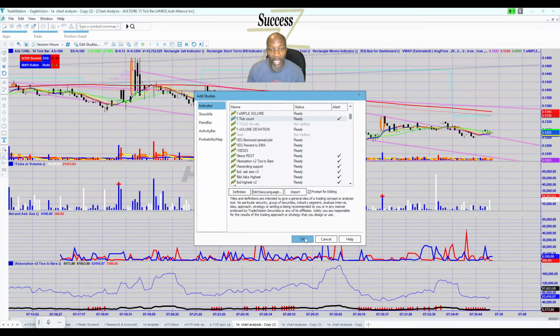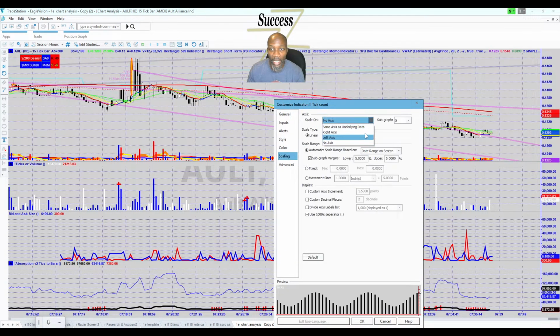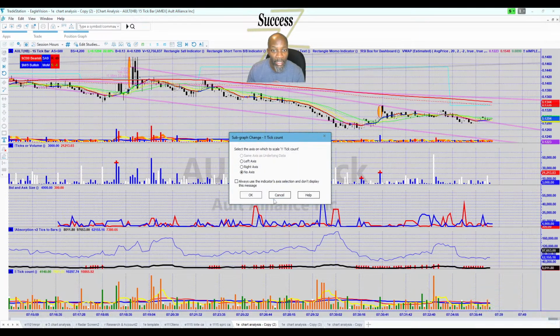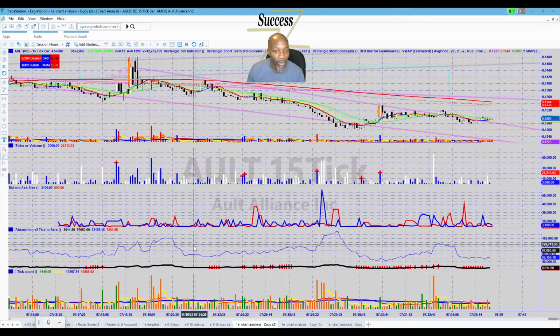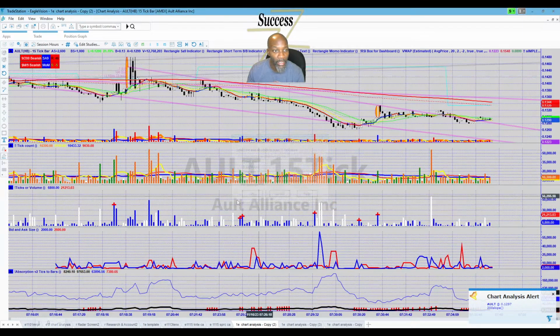But anyway, if we do tick count, we hit OK. We're going to put that at scaling like subgraph. I don't know where it's going to pop up. Let's do subgraph 6. And so this is the tick count down here. We're going to take this and drag it right below, see if we can get it in there. We want it to be on its own. I've been playing with dragging this to a new location, and I can never seem to get it at the right spot.